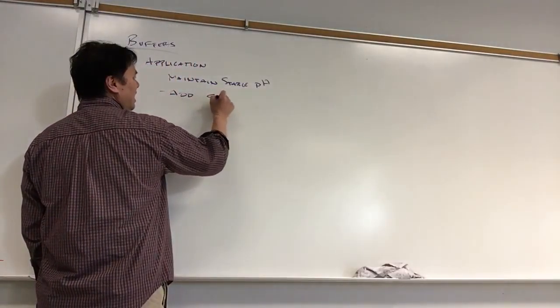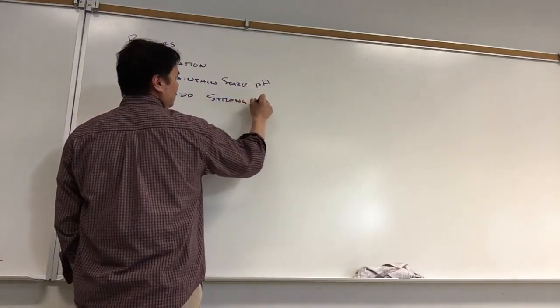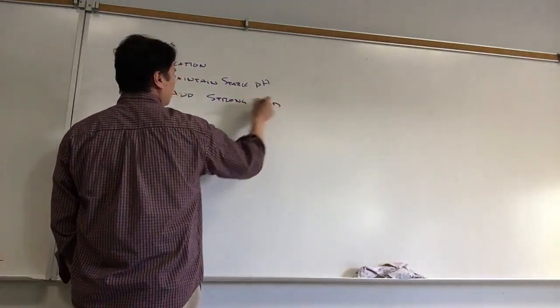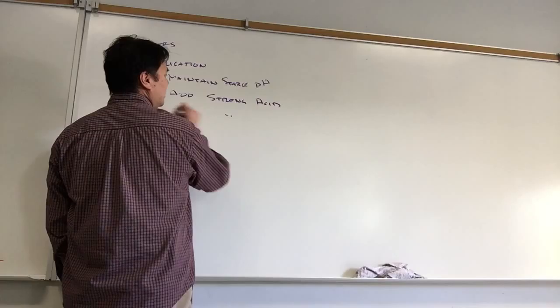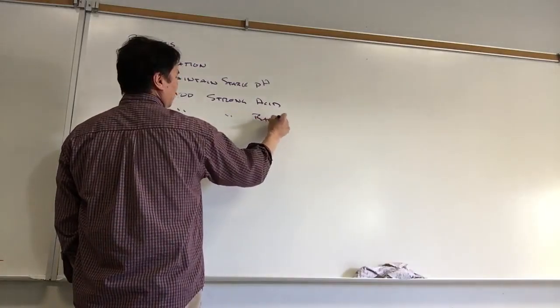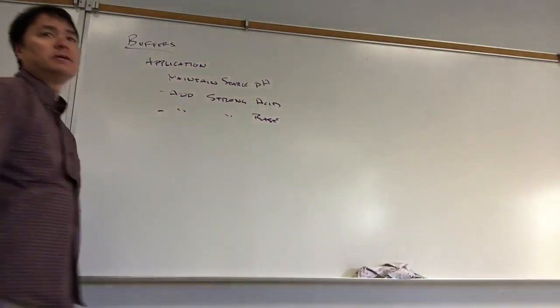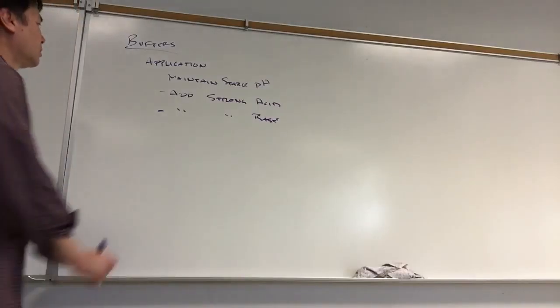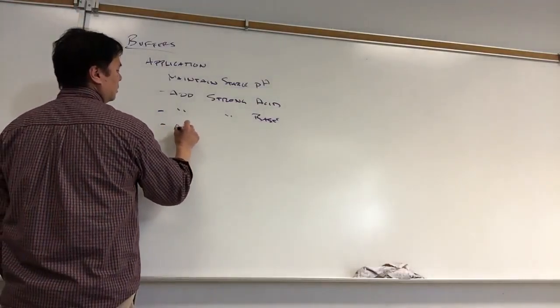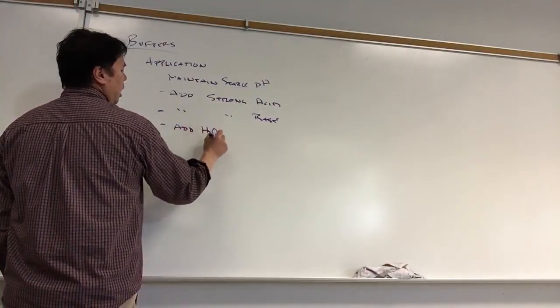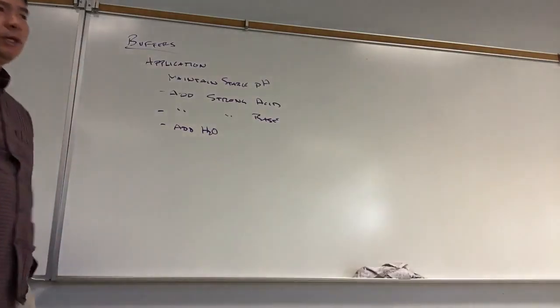So if we add strong acid, the buffer tries to maintain its pH, or if we add strong base, the buffer will try to maintain its pH. Of course, water. The buffer will try to maintain its pH.